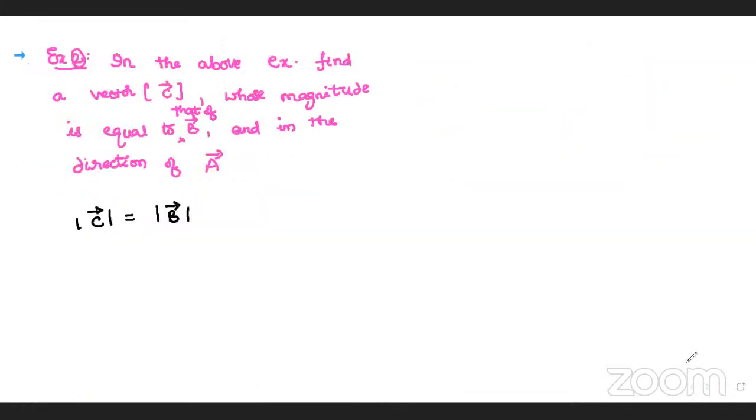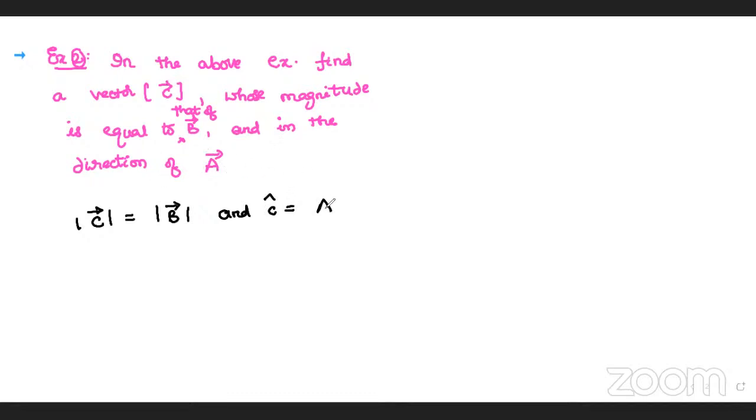So here he is saying it's a direction. Direction means c cap. Okay, I'm going to write here the direction of the vector we have to find out, that is c bar. So its direction c cap is equal to, as he said, in the direction of a bar.